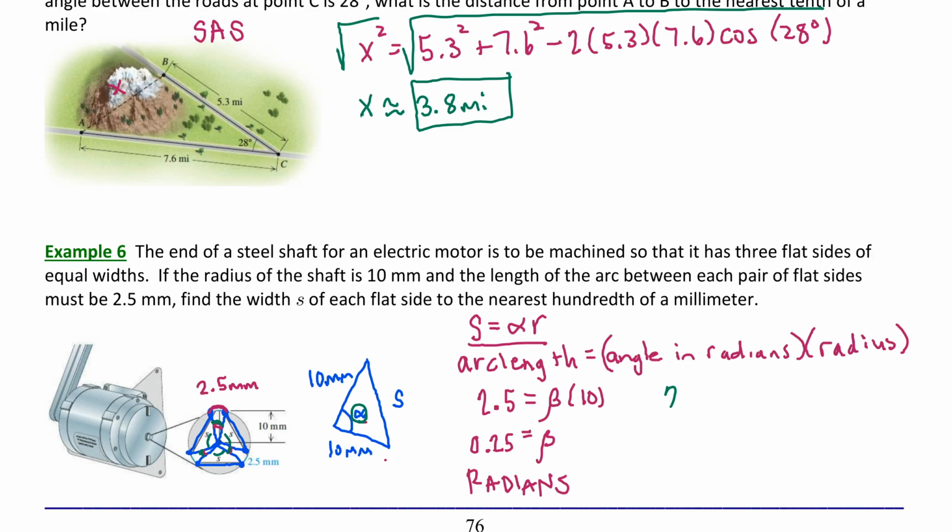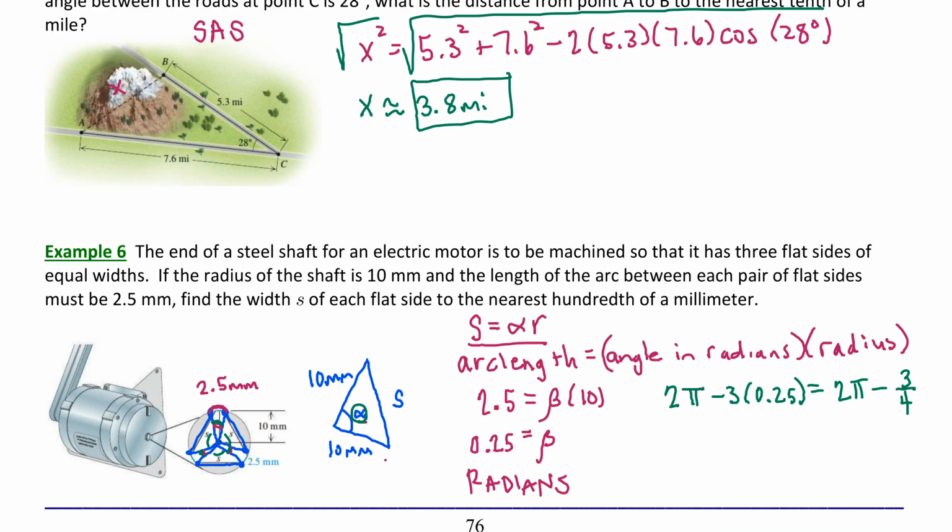Taking 2 pi radians minus 3 times that angle beta that we calculated, we're going to come up with a leftover value of 2 pi minus 3 times 0.25. You can write it as 0.75, but I'm going to convert it into a fraction, 3/4.